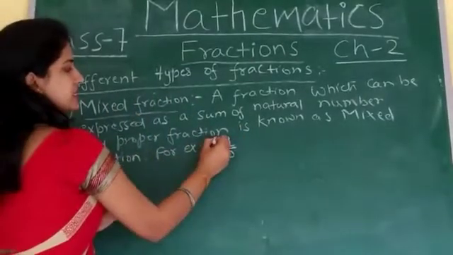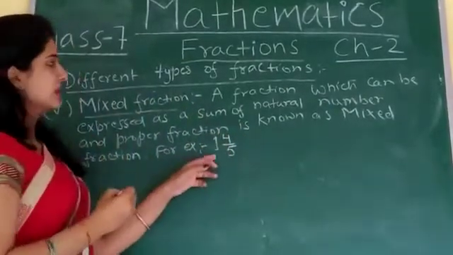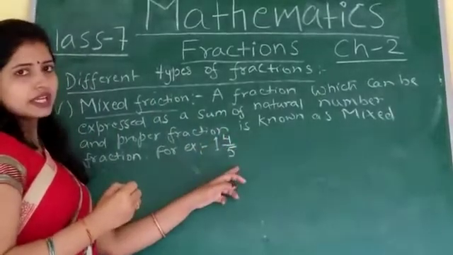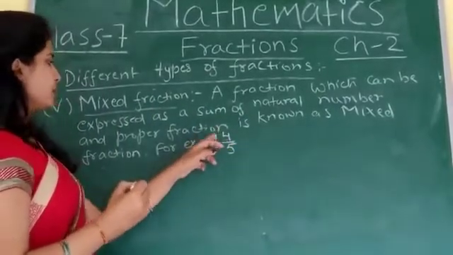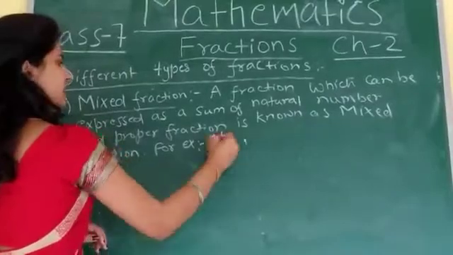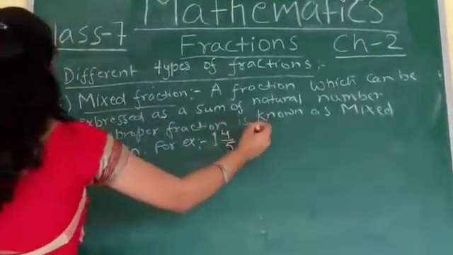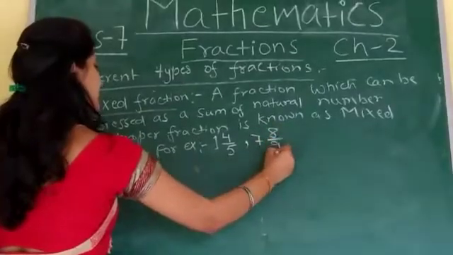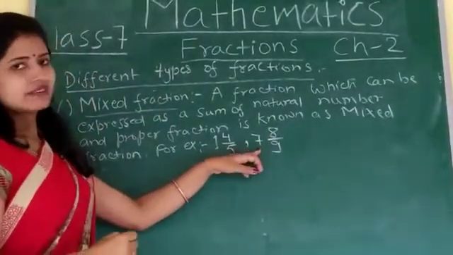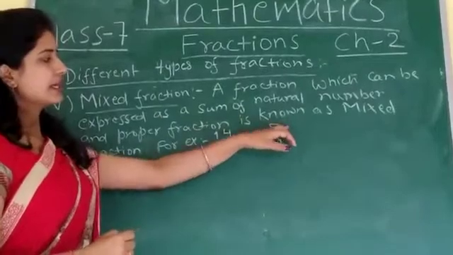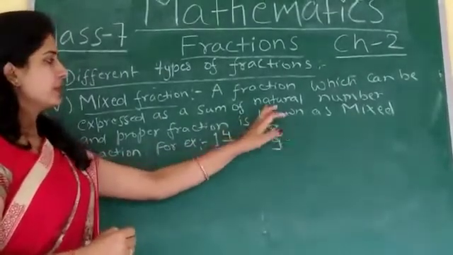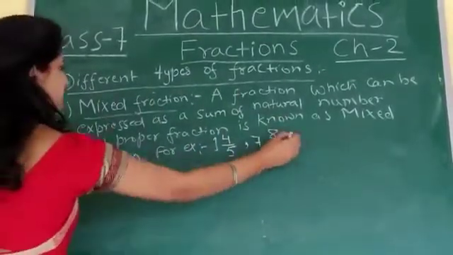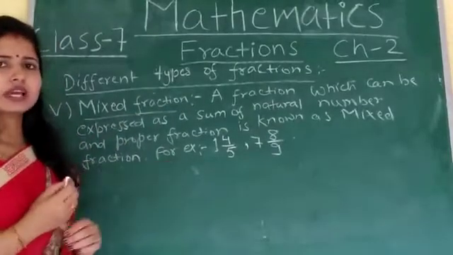Here 1 is a natural number and 4 by 5 is a proper fraction. Let's suppose another example is 7 whole 8 by 9. So 7 is the natural number and 8 by 9 is a proper fraction. So you have to write it down.